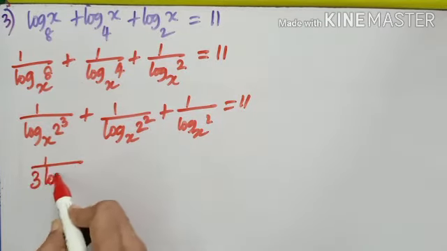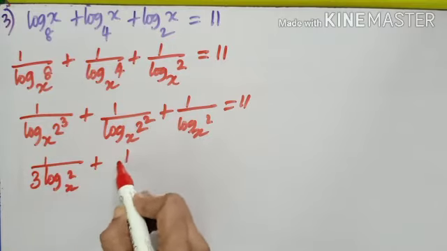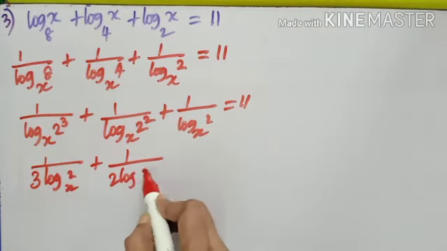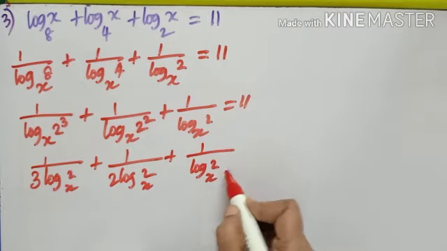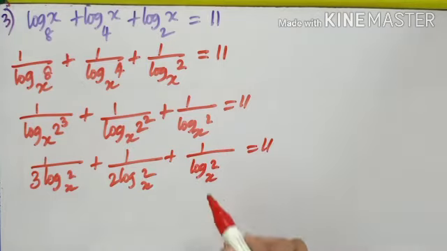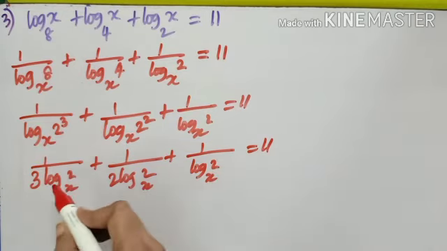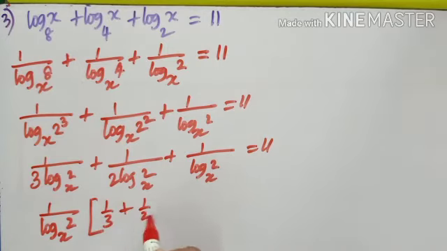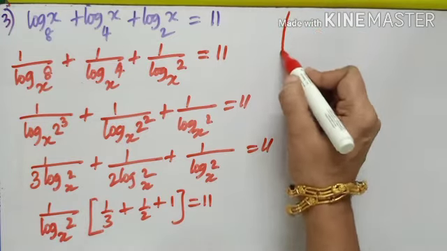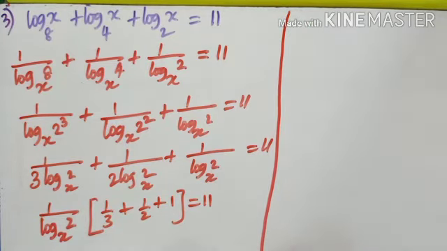So 1 by 3 log 2 base x, 1 by 2 log 2 base x, plus 1 by log 2 base x, which is 11. All log 2 base x terms can be taken common out. 1 by log 2 base x into (1 by 3, 1 by 2, 1) equals 11. From here, I can cross multiply.